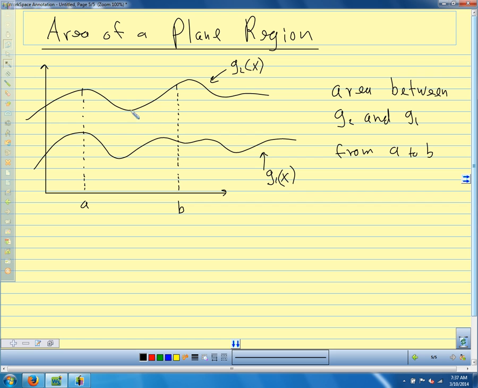What we're going to do is divide this into tiny little rectangles, and the thickness of that rectangle is dx.